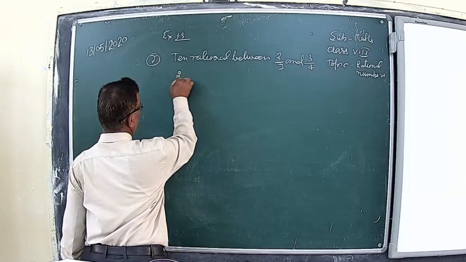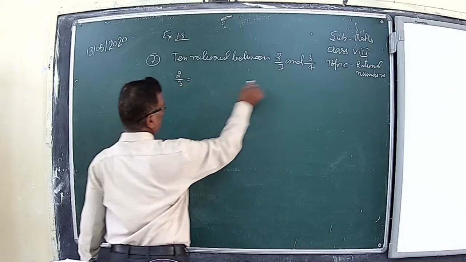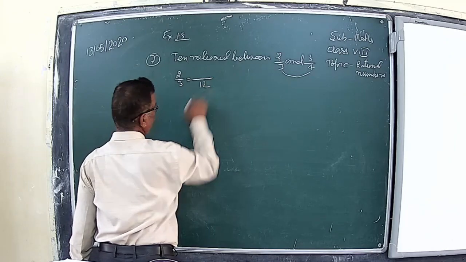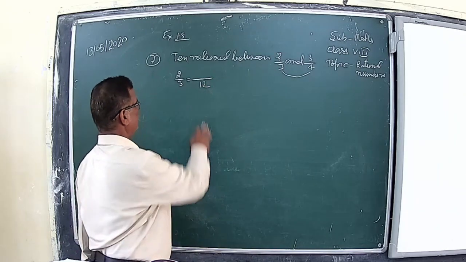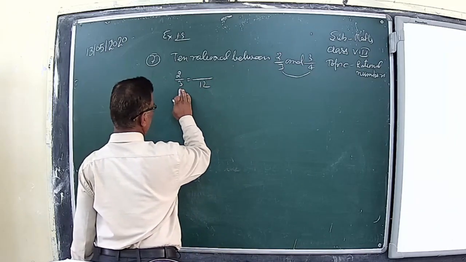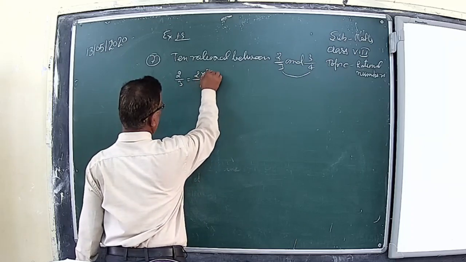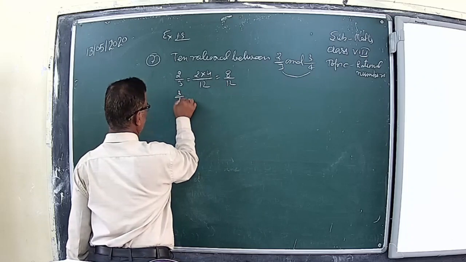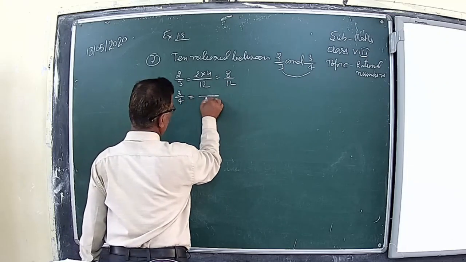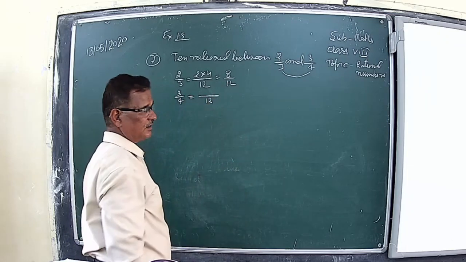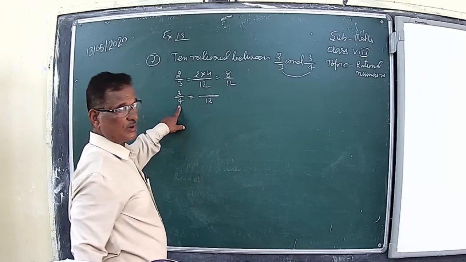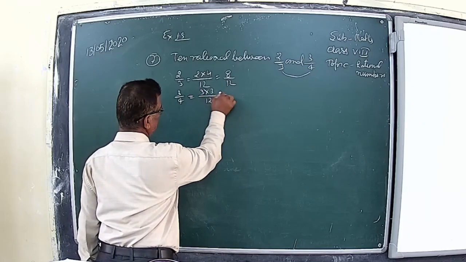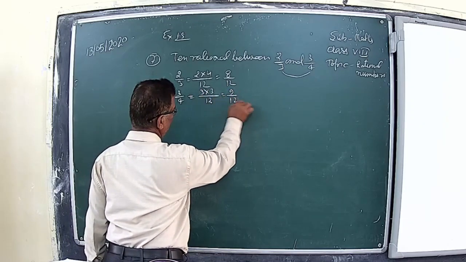So convert into equivalent fractions. The LCM of 3 and 4 is 12, so 12 is the new denominator. 2 by 3: 12 divided by 3 is 4, and 2 into 4 is equal to 8 upon 12. Second, 3 upon 4: the new denominator is 12, 12 divided by 4 and the quotient multiplied with 3, 3 into 3 is equal to 9 by 12.